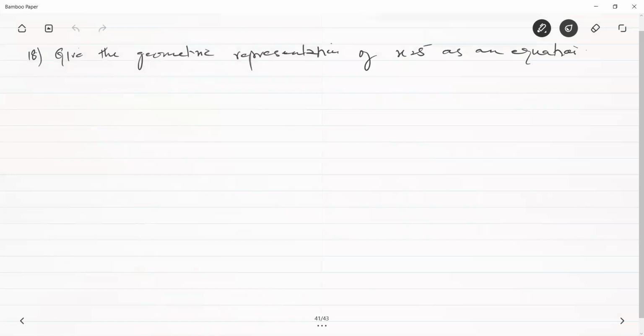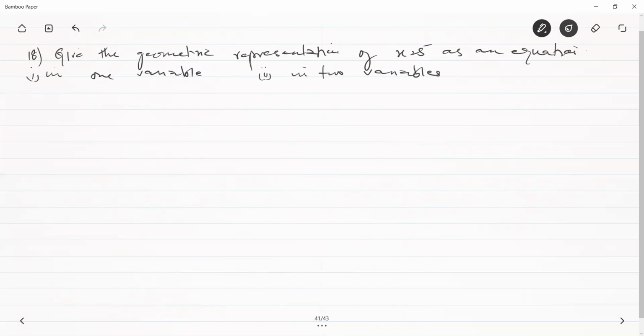Okay. Give the geometric representation of x is equal to 5 as an equation in one variable, this is the first question, and in two variables.